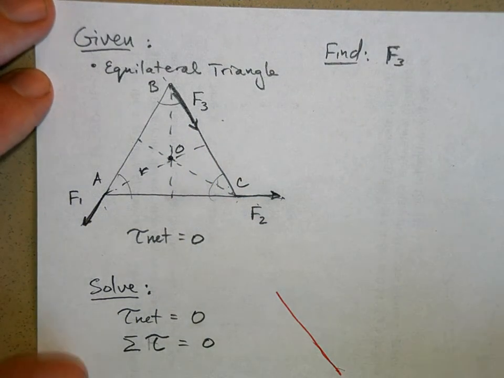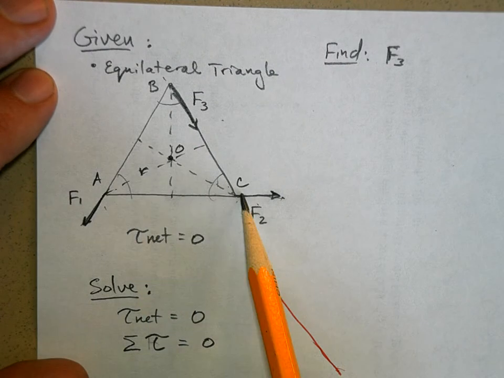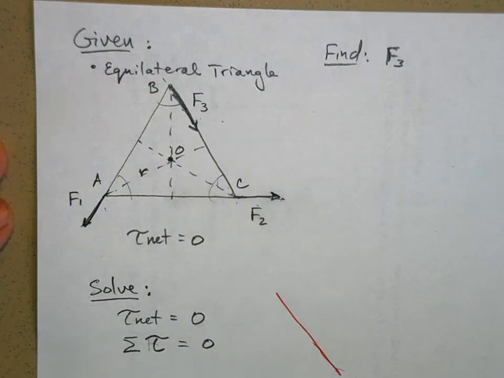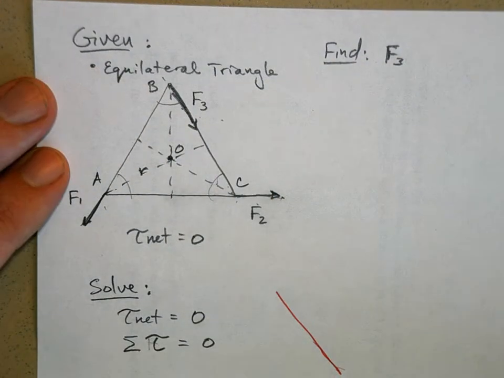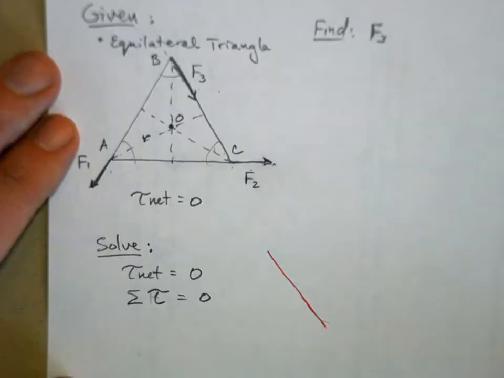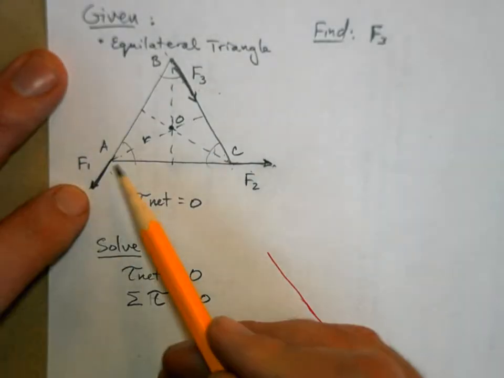So this applies a torque, and this applies a torque, and this applies a torque. When you add them up, you get 0, and that will allow us to solve for F3. Okay, so let's do that. Zoom out a little bit, more room. So what's the torque from F1?